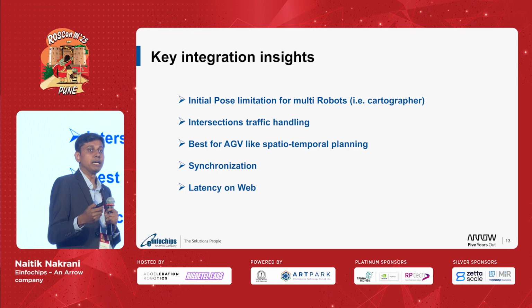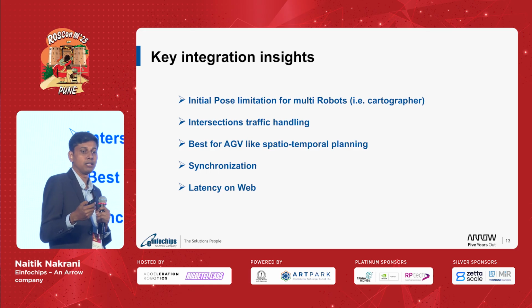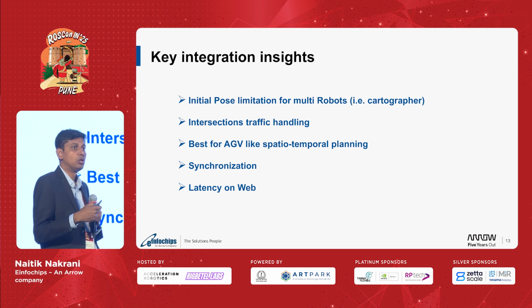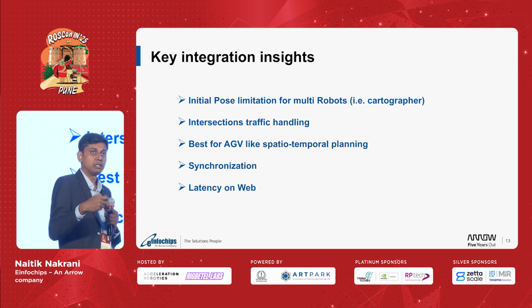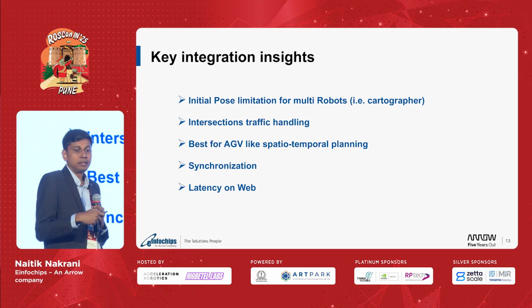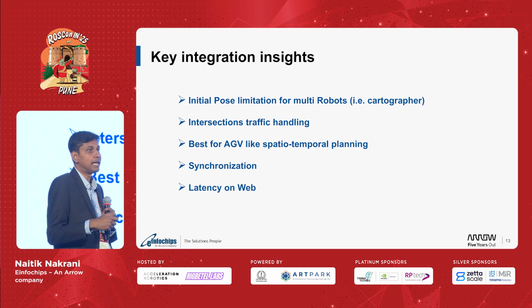The initial push, which is additional information that we provide in order to localize the AMR, is not present in the current OpenRMF implementation. So you might need to do a little bit of tweaking in order to implement a different kind of SLAM algorithm along with OpenRMF.